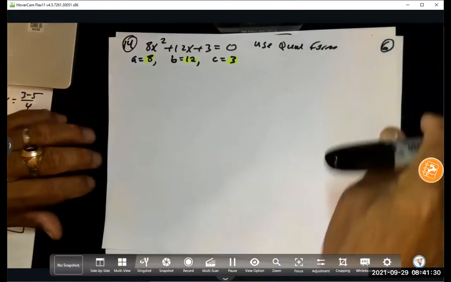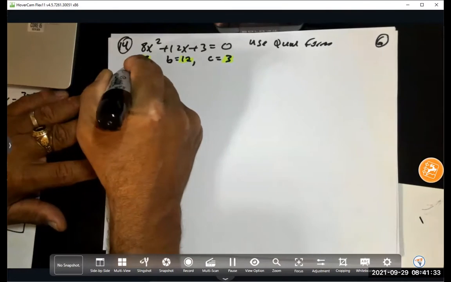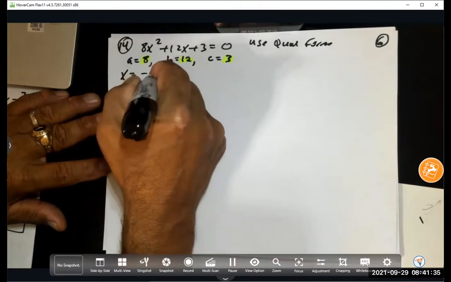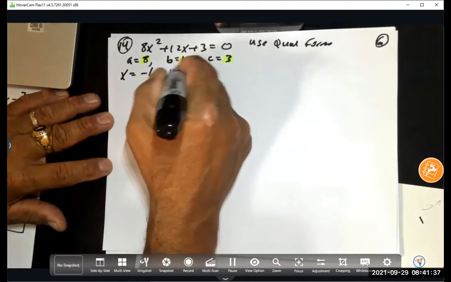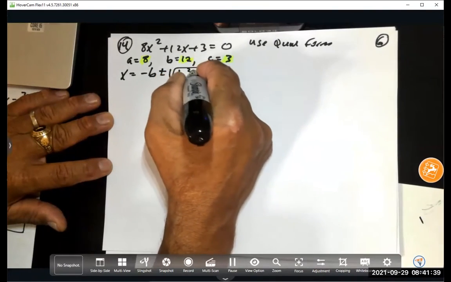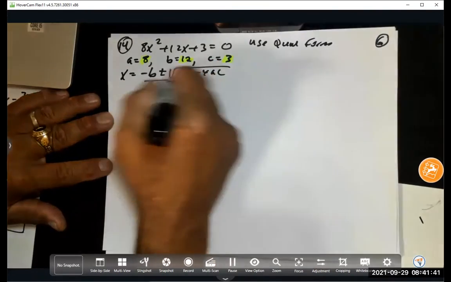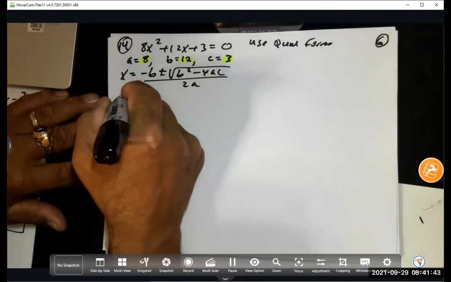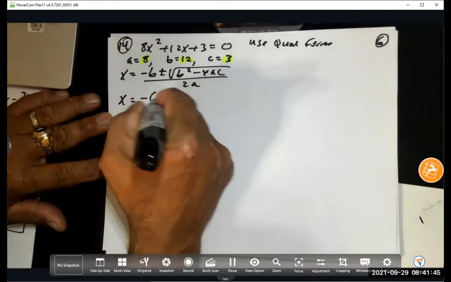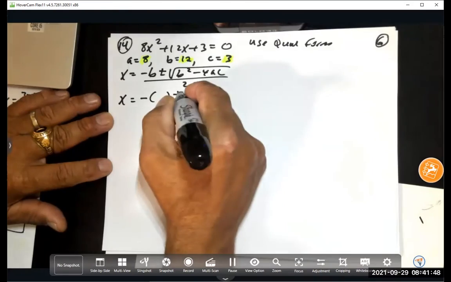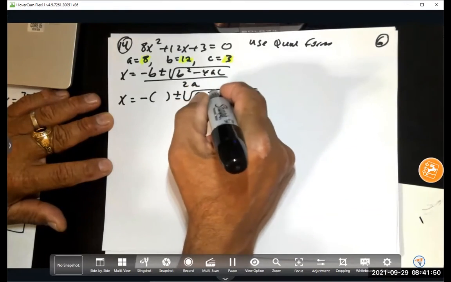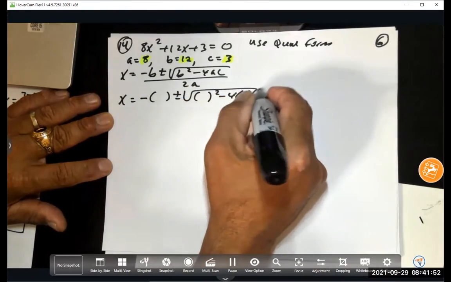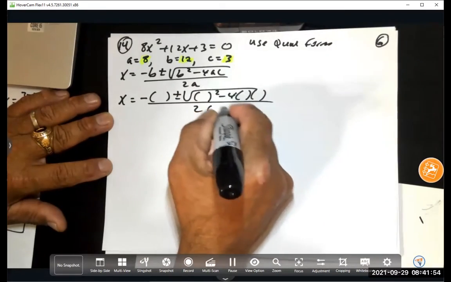Now I'll put the formula right here. X equals negative B plus or minus the square root of B squared minus 4AC, all over 2A. All right, so there's my formula set up.